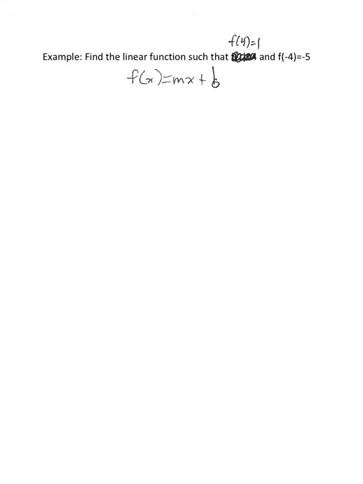Well, in functional notation, we could actually think of that as a coordinate pair, x comma f of x. And so f of 4 equals 1. I'm going to let that be my x1 and f of x1. And so here the input x is 4 and the output is 1. So 4 comma 1 is technically a point, and in the same way we can do this over here.